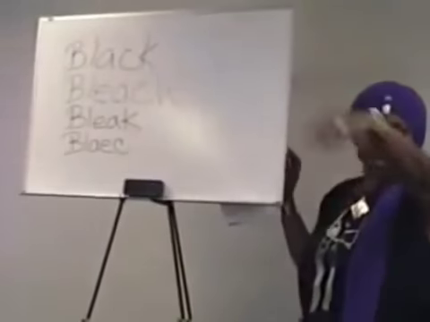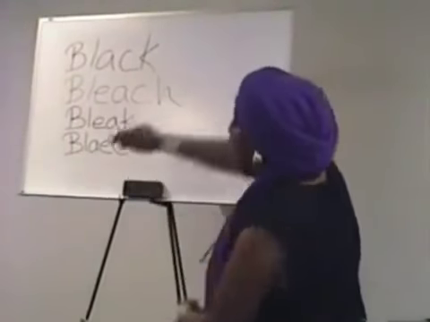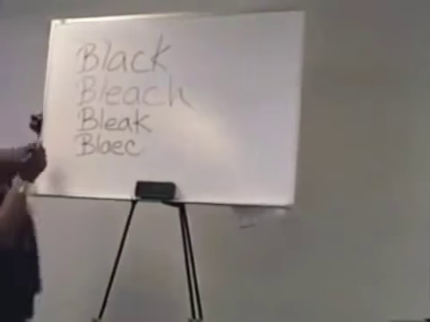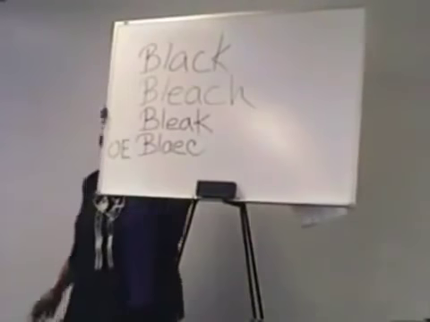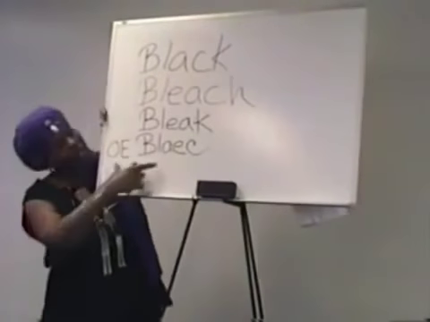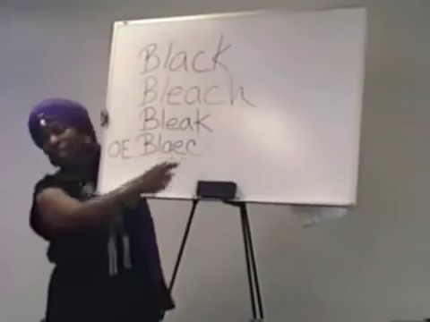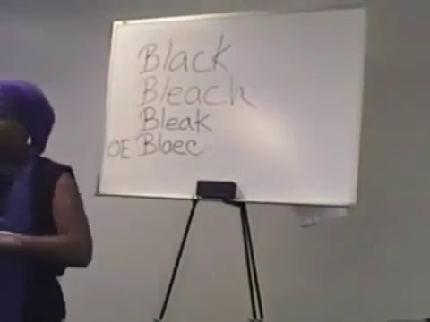Now get in the brackets of the word black, and I want you to see where it says Old English. There'll be a bunch of different things. It'll be B-L-A-K, B-L-A-E-C, and so on. But B-L-A-E-C should say Old English in front of it. Now, if you get to the words bleak and bleach, and you look in the brackets, they will say O-E B-L-A-E-C, which means to whiten up, brighten up, lighten up, to be bleached up and pale in color.